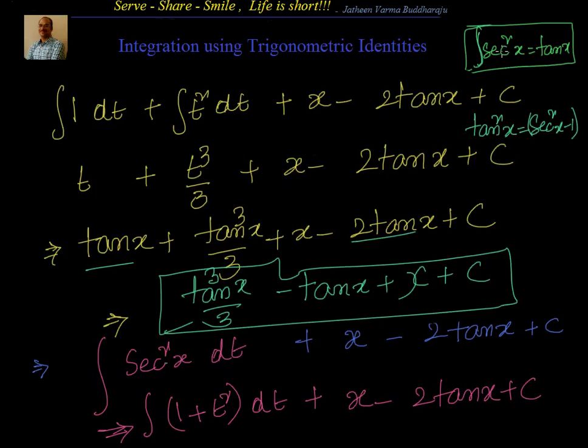And if I have secant to the power of 4 x, then I can take tan x equal to t, and then I can write secant square x as 1 plus t square, and another secant square x will become dt. So it will become 1 plus t square dt, which is very easy because we know integral of 1 plus t square dt is t plus t cube by 3. So that becomes very easy to deal with. So we have to look into the options of how to go ahead so that we can simplify this and transform it into those functions for which we know the integrals.